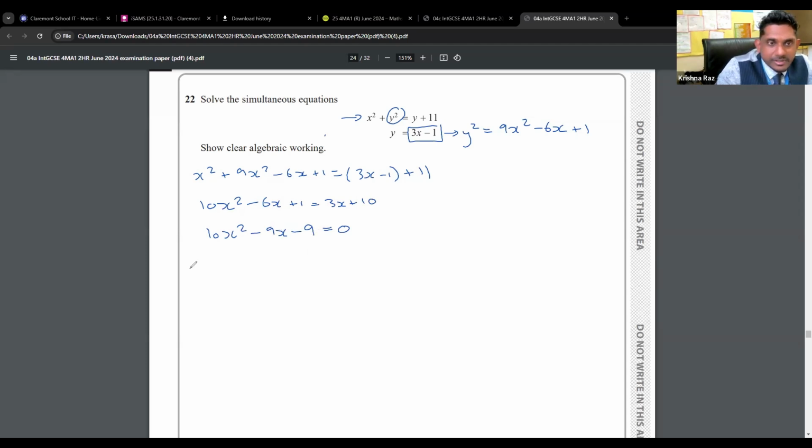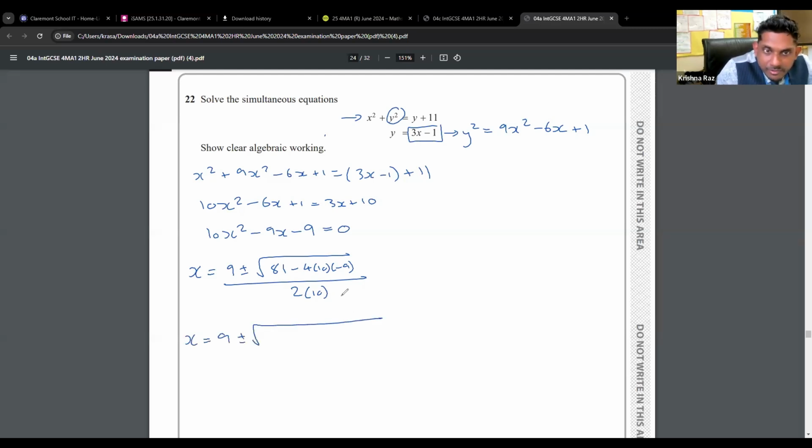So we need to solve this quadratic, don't we? So x equals minus b plus or minus square root of b squared minus 4ac all over 2 times 10. So 9 plus or minus the square root of 360 plus 81 is 441, all over 20.